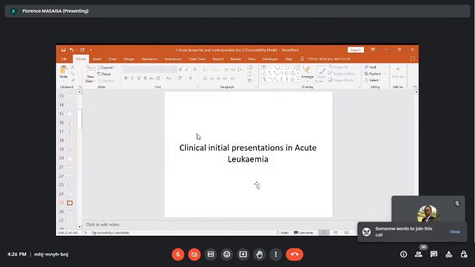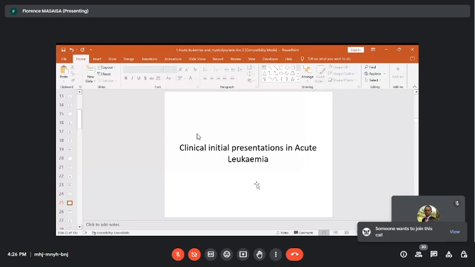There are signs of anemia like fatigue and tiredness, and even signs of thrombocytopenia like bleeding, and even signs of neutropenia like fever or signs of infections.